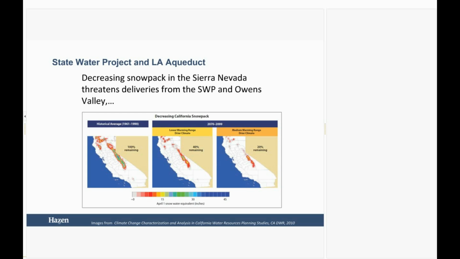And regular news reports of the snowpack will feature on the West Coast and the western states of the US. Not dissimilar to the drought in Australia when we would get the dam levels. Well, here it's all about the snow levels.